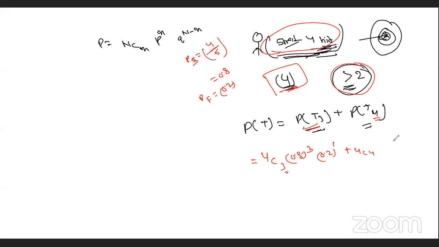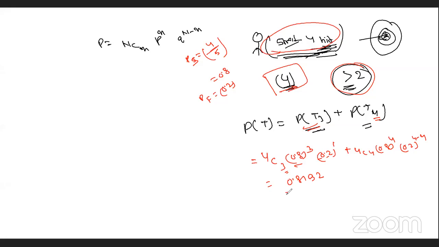So 4C4, 0.8 to the power 4, 0.2 to the power 4 minus 4. Now if you solve this one, you will get 0.8192. Simple. It's a very simple calculation. I think every one of you will be able to do it.